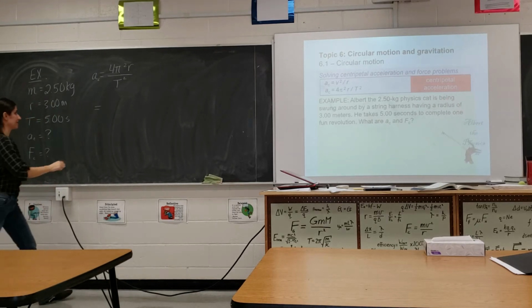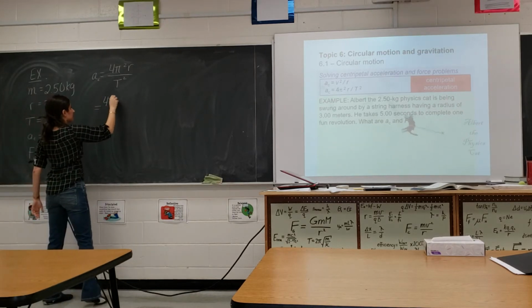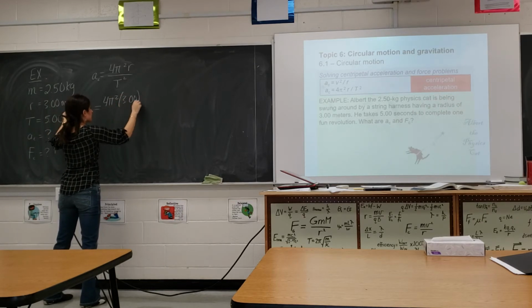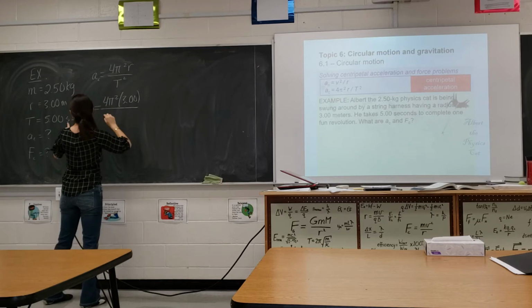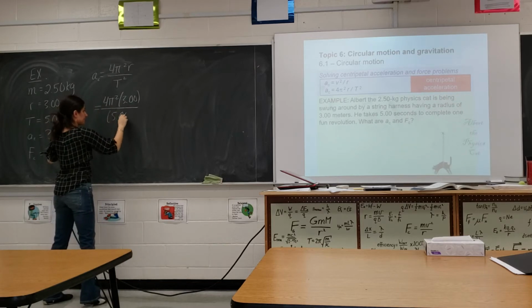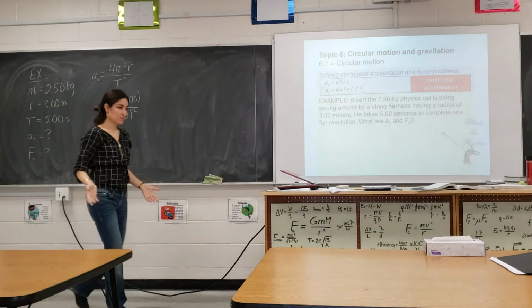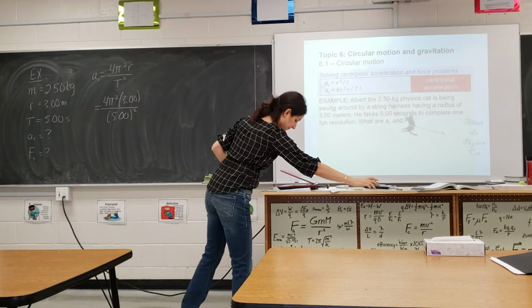Okay, we know everything. Let's plug in our values. R is 3. T is 5. And that gets squared. Don't forget to square. We just have to plug in our values.